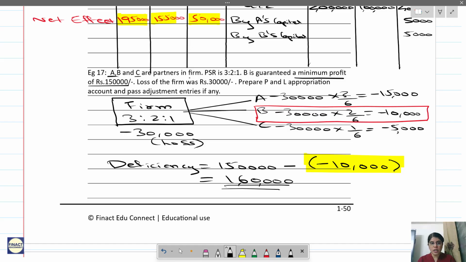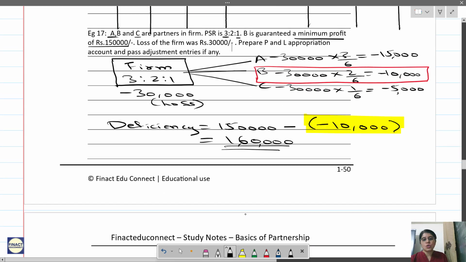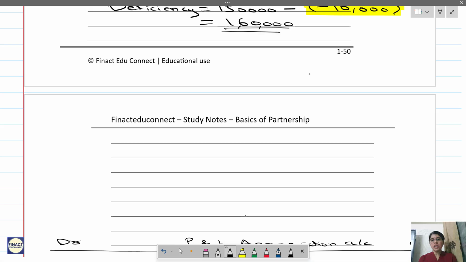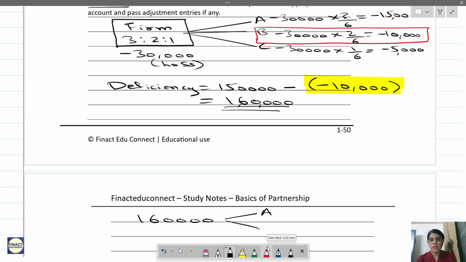No. So A and C will share it in the ratio of 3:1. This 1,60,000 is the deficiency of B.